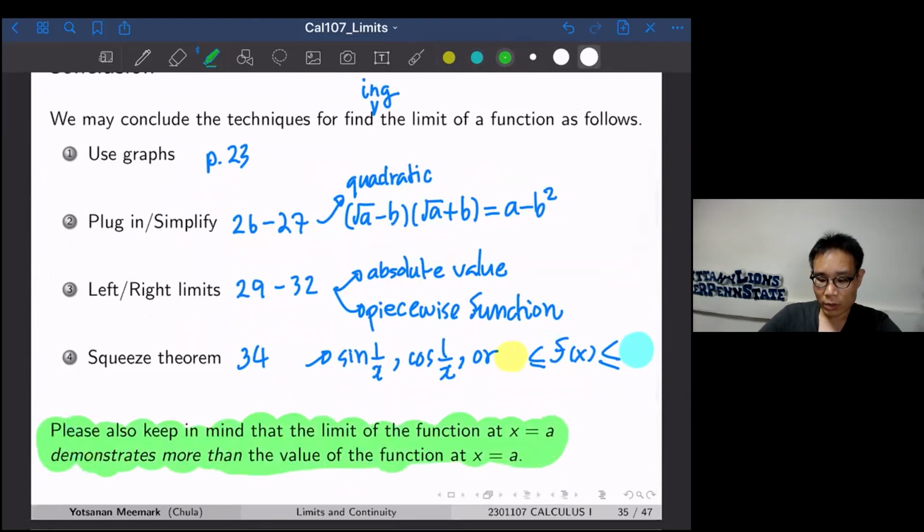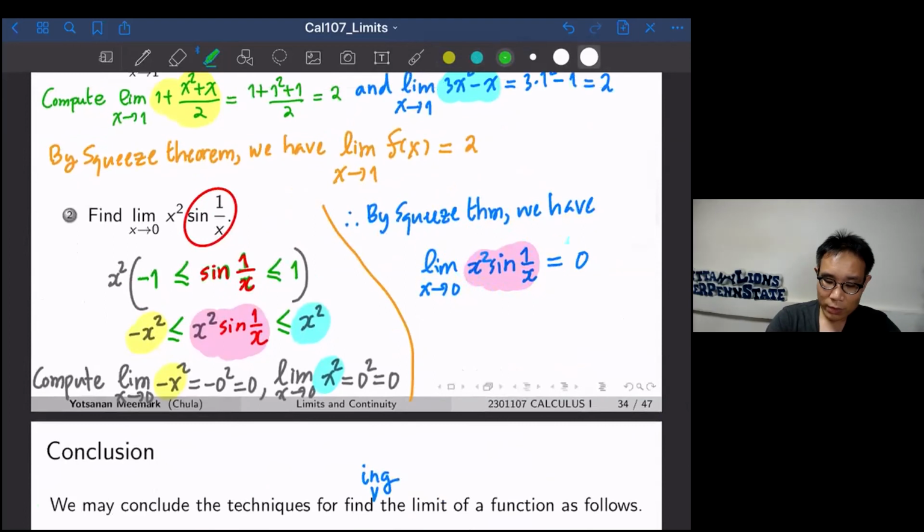The reason is that you don't know the graph of this one. However, you are able to determine some behavior of this function. For example, you don't know the graph of this guy, but you know that at 0 the function will approach 0 from both sides. So it's going to look like this.